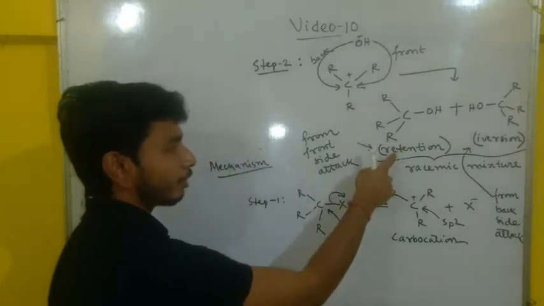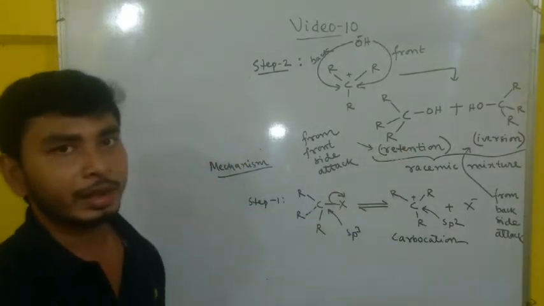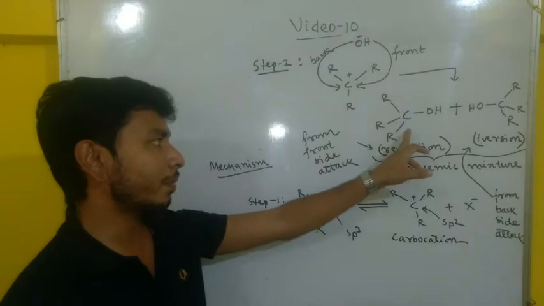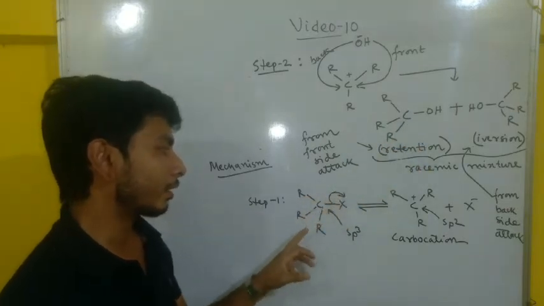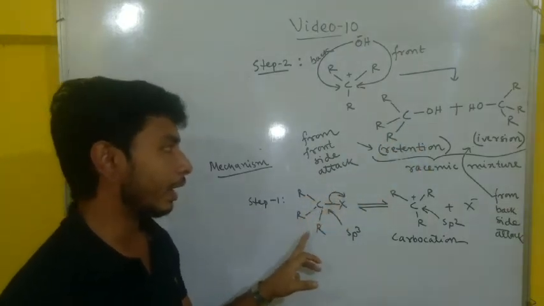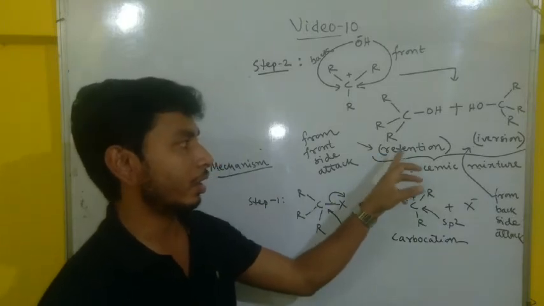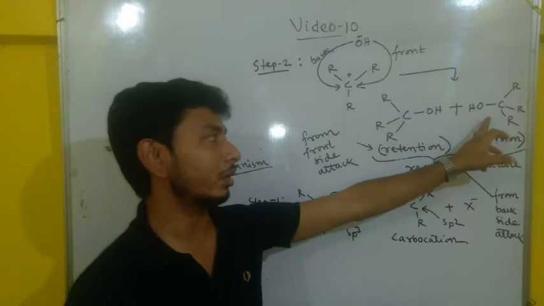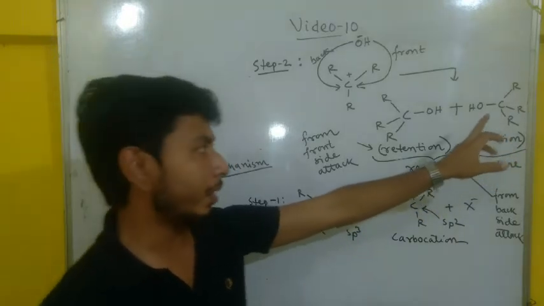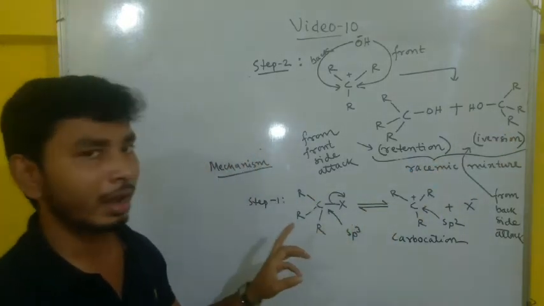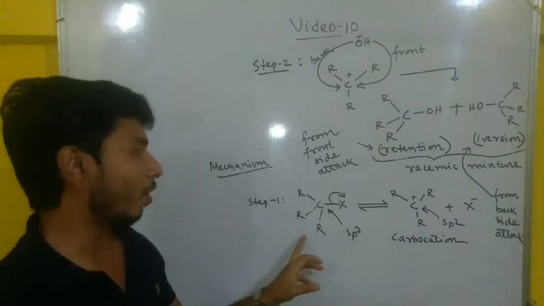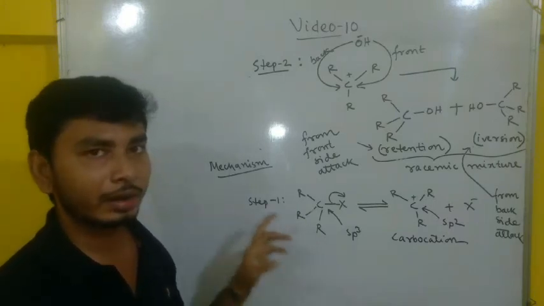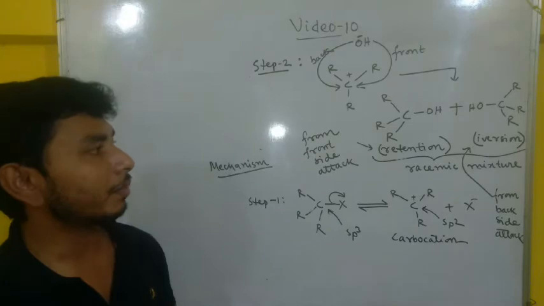What do you mean by retention? Retention means if the structural orientation of the product is same as that of the structural orientation of the alkyl halide, then it is called retention. When the structural orientation of the product is opposite to the structural orientation of the alkyl halide, then it is called the inversion product.